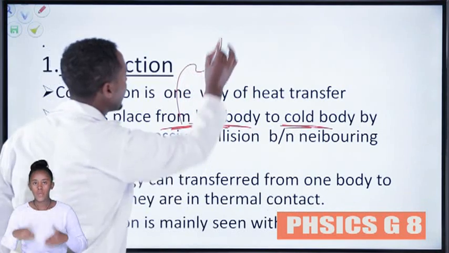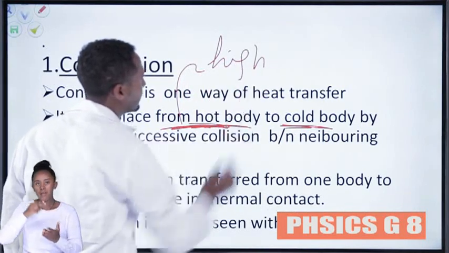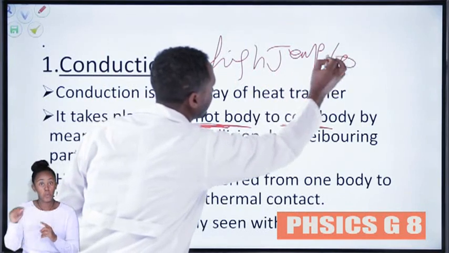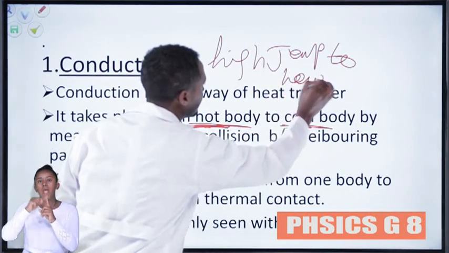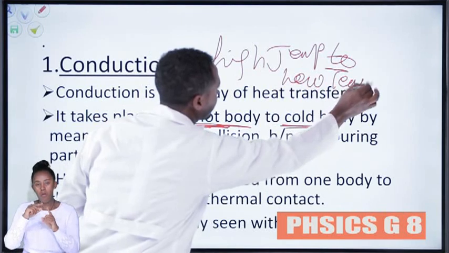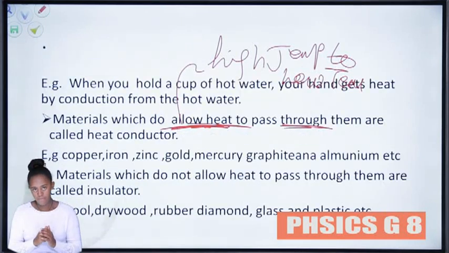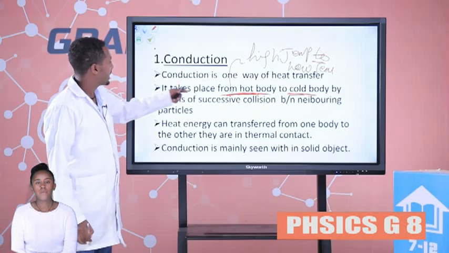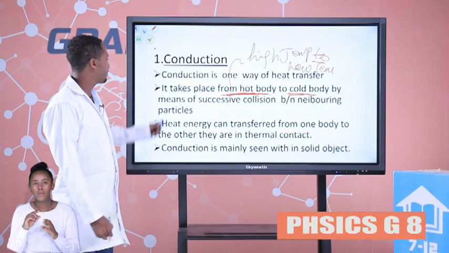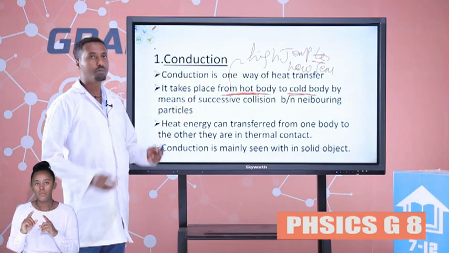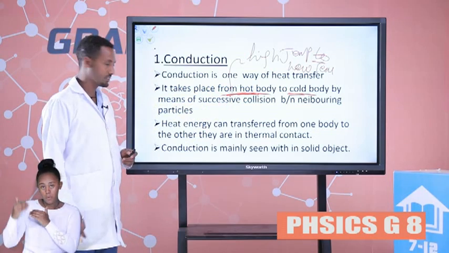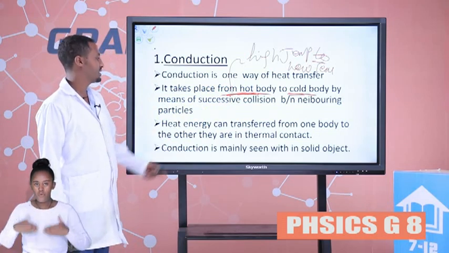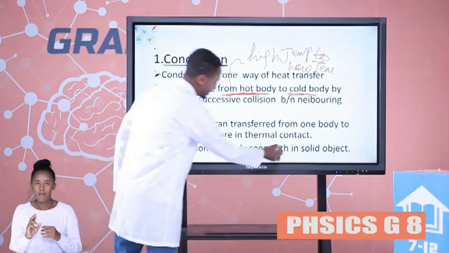This means from high temperature to low temperature. It takes place by means of successive collision between two neighboring particles. Heat energy can transfer from one body to the other if they are in thermal contact.